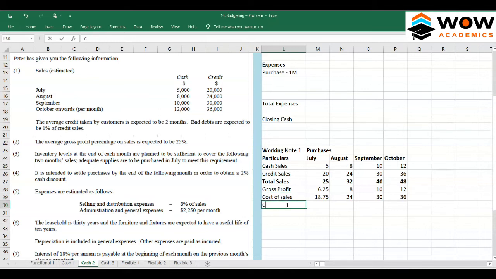So if you see the closing inventory, it should take into account the 2 months sale. So we can work out in reverse.